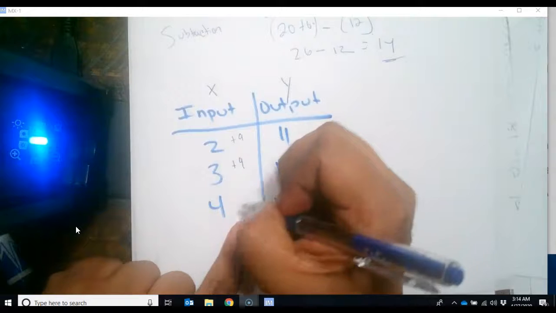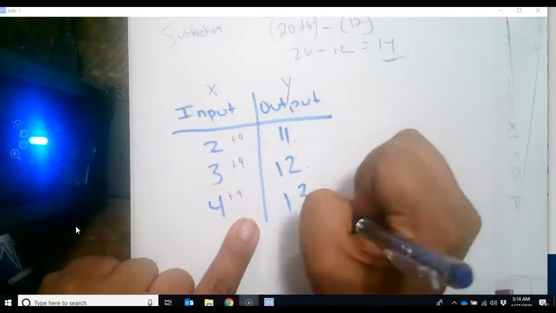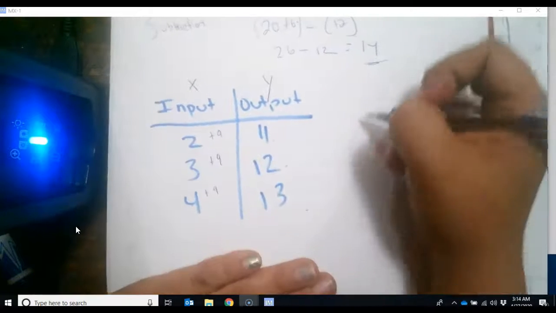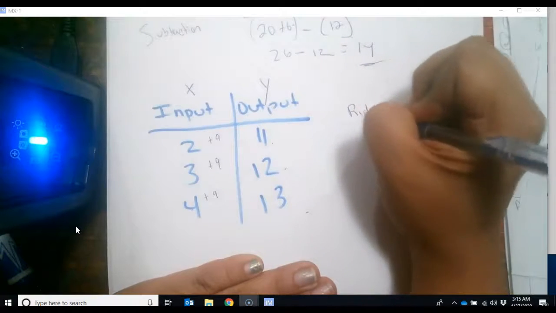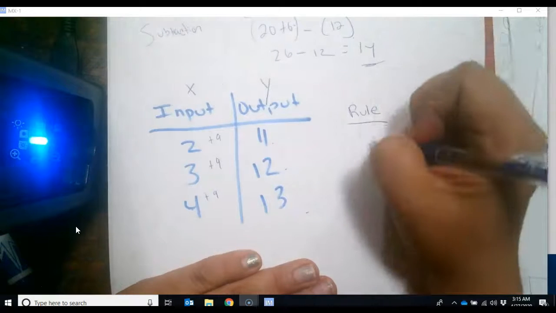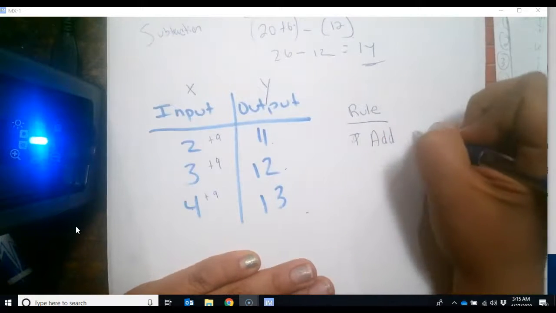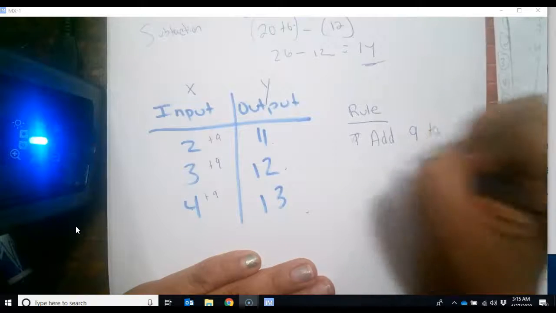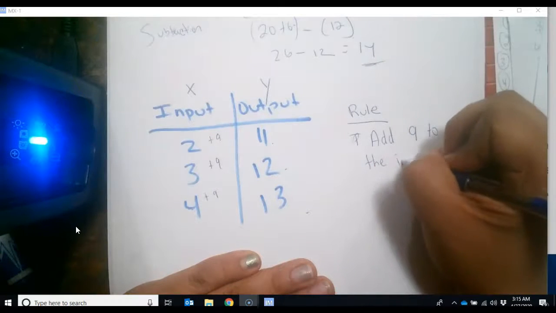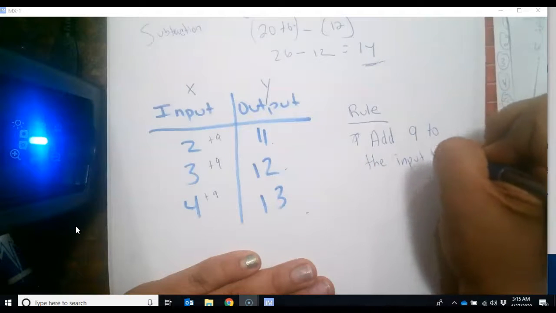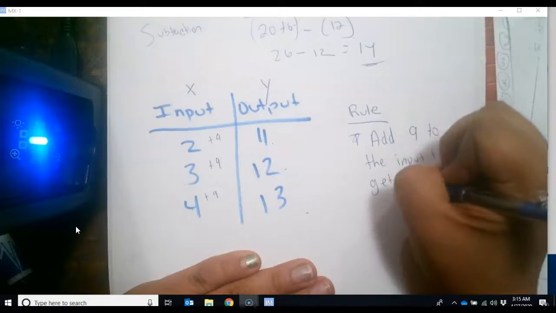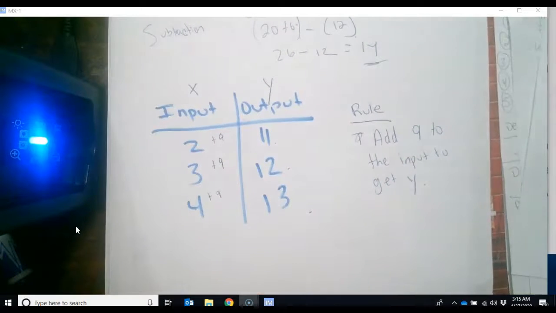So it needs to work with the last one. 4 plus 9 equals 13. That's correct. So that means that my rule, and here I need to write the rule, is to add 9 to the input to get the output. So that's the rule.